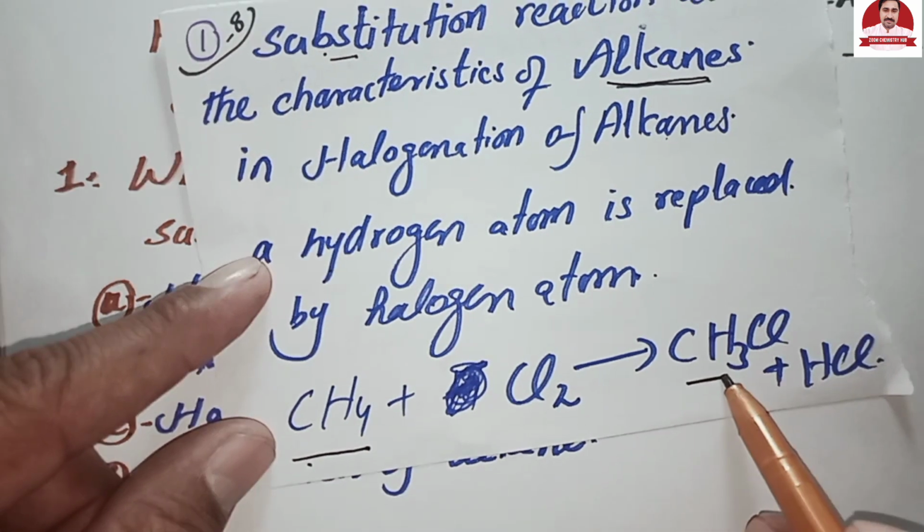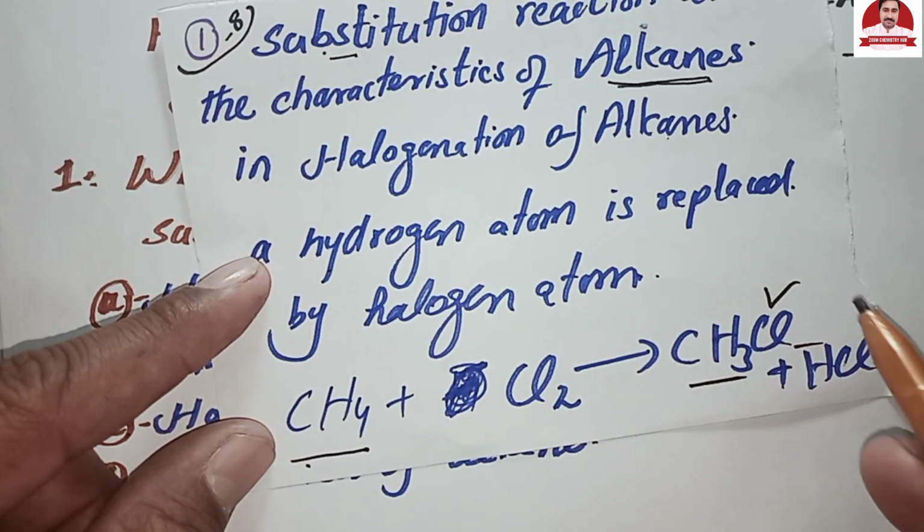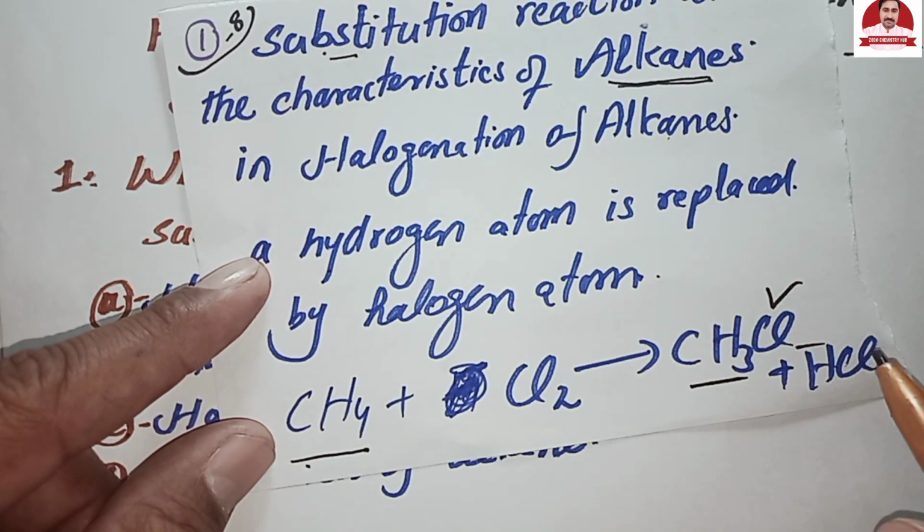So it forms this product, and the replaced hydrogen atom reacts with atomic chlorine and they form hydrochloric acid.